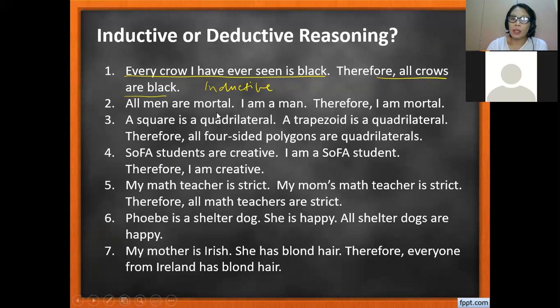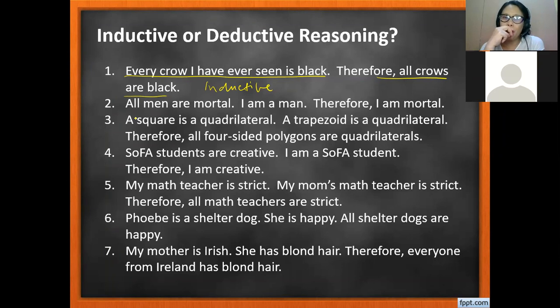Number two: all men are mortal. I am a man, therefore I am mortal. Is this inductive or deductive? Anyone? Miss, I'm still confused with inductive and deductive. When you start with a specific example, that's inductive. When you begin with a generalization, that's deductive.